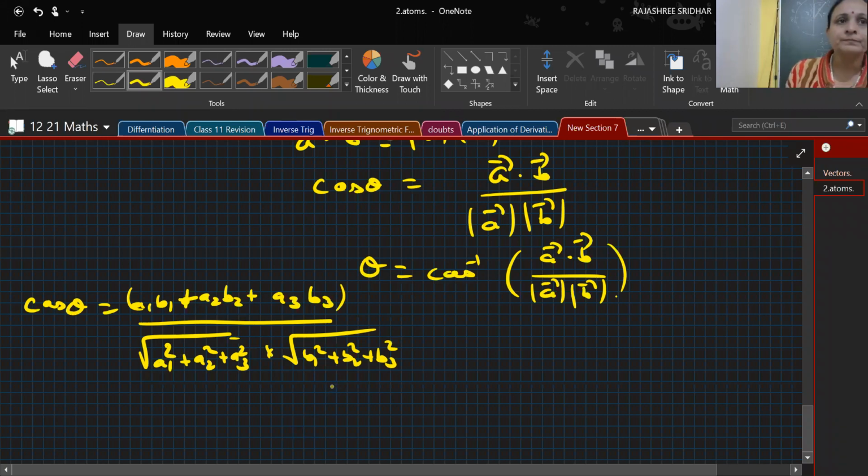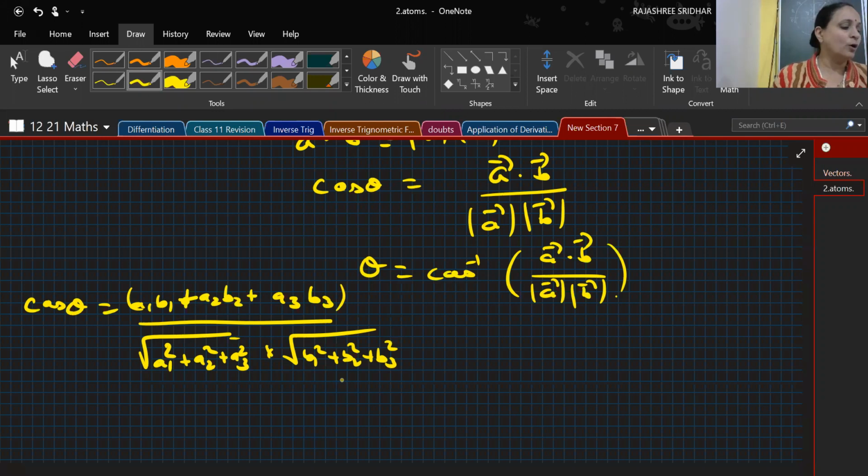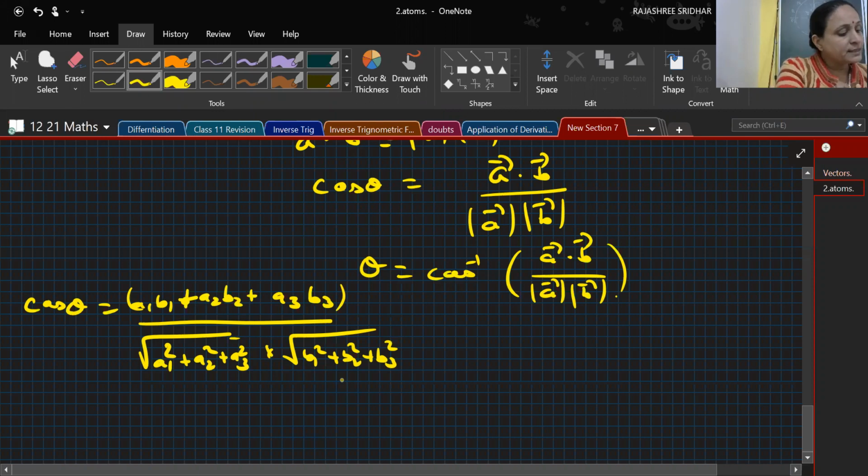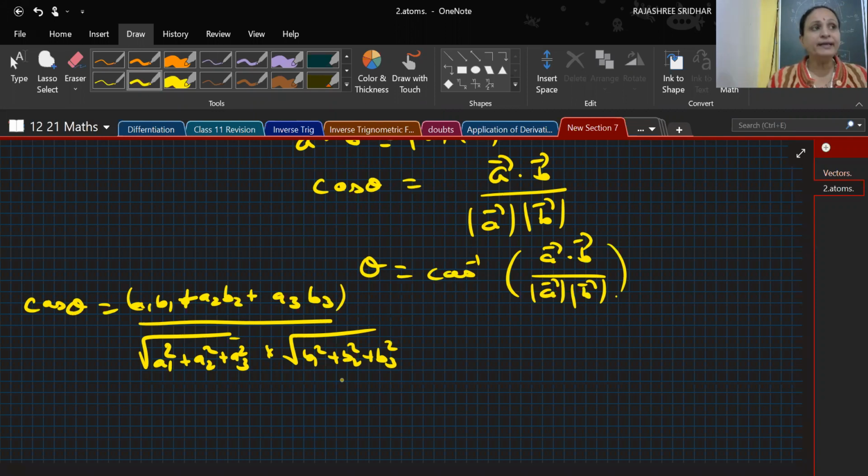Is it clear? Theory part, I suppose it is all clear and you have written it in your notebook also. But there is another important part wherein I have to give you what you understand by the projection, the geometrical meaning of the dot product. Okay, so let's do it.